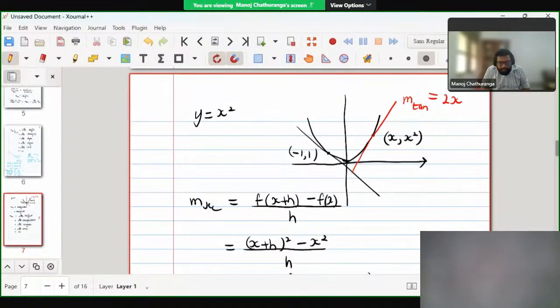For example, at this point, our x is -1. So, the slope of the tangent line is 2 times the x-coordinate. X-coordinate is -1. So, 2 times the x-coordinate must be -2. So, we saw that.